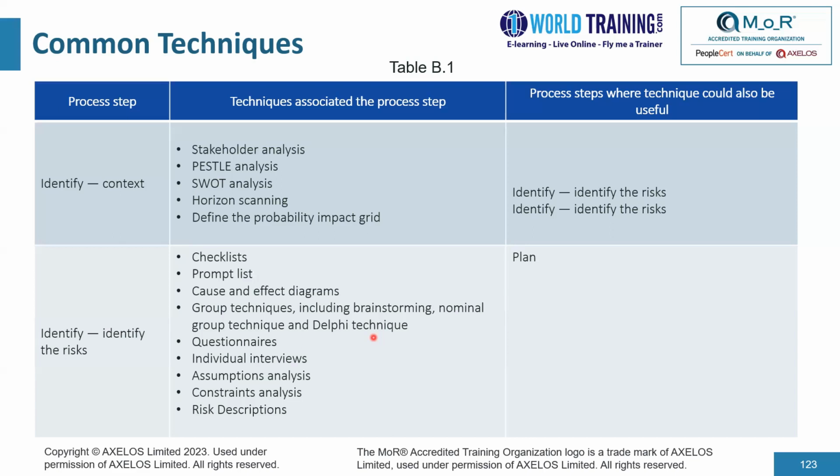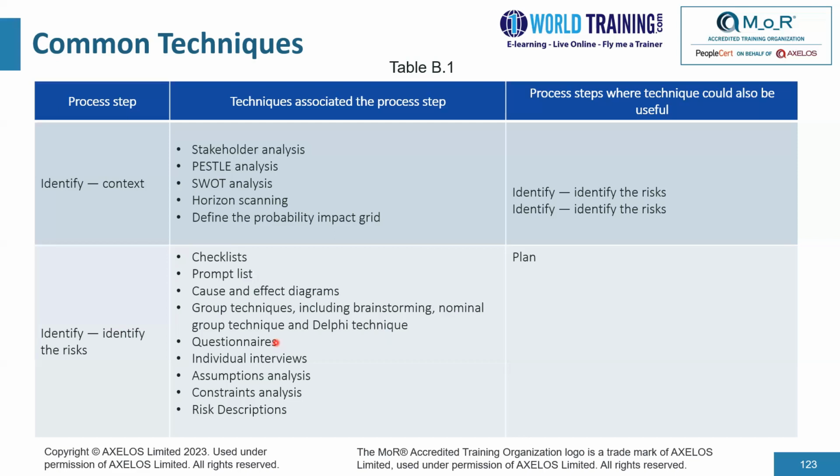Oftentimes, when you involve a group, it could be the case that certain of the people involved in the group could be reporting to another person in the group, so they might not tend to open up. So the Delphi technique is a good way to get solid feedback from subject matter experts using anonymous techniques. Questionnaires are great ways of soliciting feedback on the risk front.